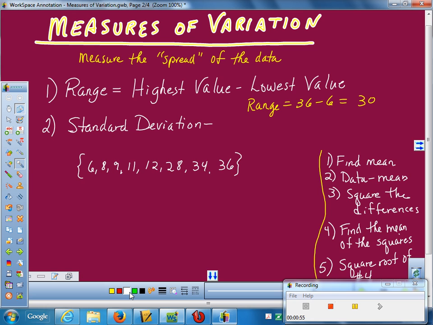So I'm putting this word "average" in quotes, because it's not a true average, but it's the average of how much each piece of data varies from the mean.